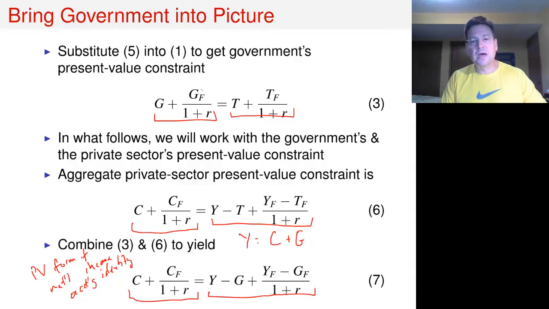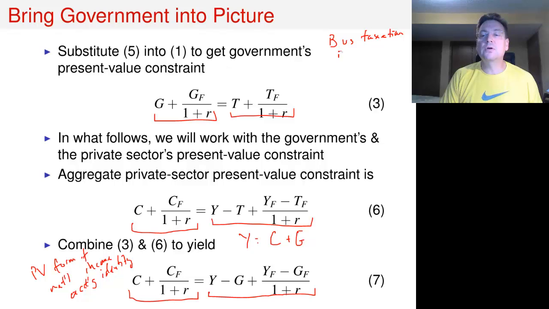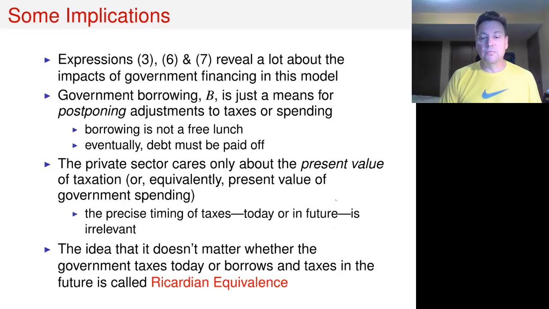So the timing of taxes, whether you get taxed today or taxed tomorrow, doesn't matter to consumers. All that matters is what their total taxation is. That therefore means that in this model, the choice of debt versus taxation is going to be irrelevant. And we will talk about this in some detail. This is what is called the Ricardian equivalence theorem, and we will turn to that next.